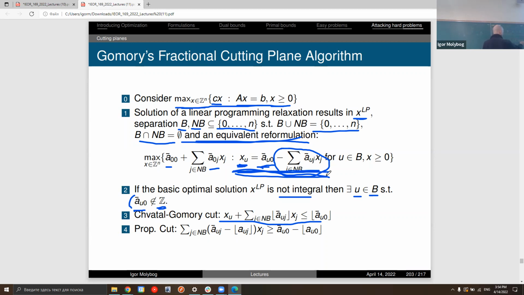It wouldn't change anything if we were to round down the right hand side, by the same argumentation as we had when we were proving the third CG inequality.